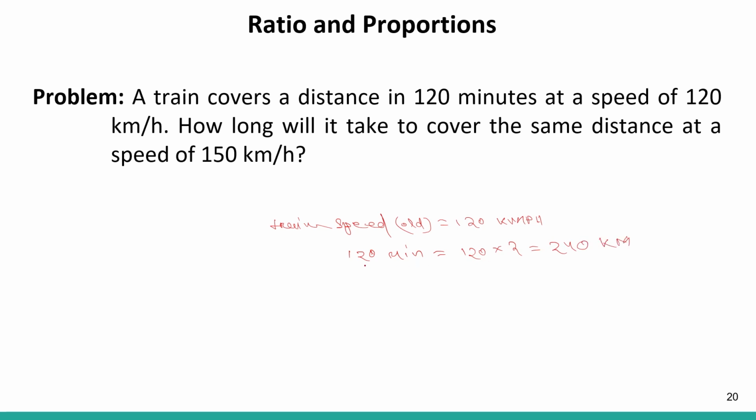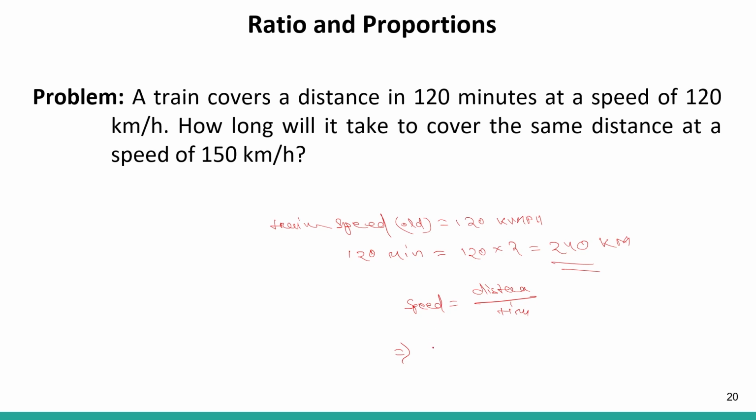So it asks us how long will it take to cover the same distance at a speed of 150 kilometers per hour. So we have got the distance and we have speed, and we need to evaluate time. So speed is equal to distance by time.